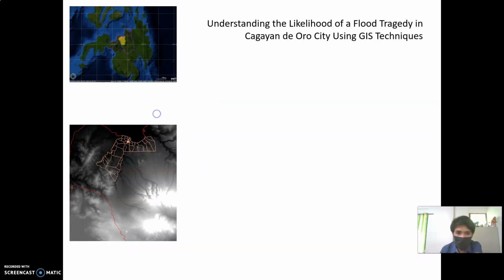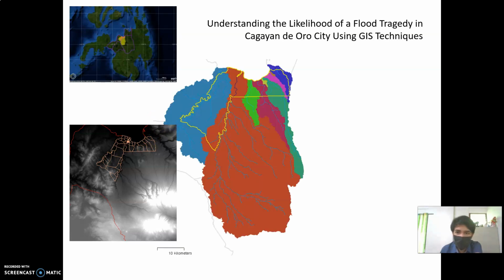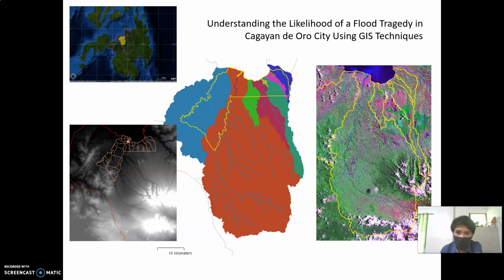We also utilize QGIS in understanding the likelihood of a flood tragedy. This is an example of understanding the likelihood of a flood tragedy in Cagayan de Oro City using QGIS techniques. Cagayan de Oro can be found in Mindanao. You can see here the watershed area of Cagayan de Oro. This is the topographic map of Cagayan de Oro.